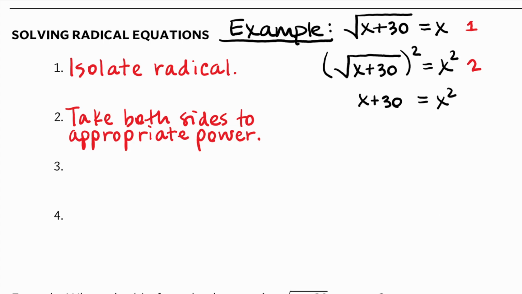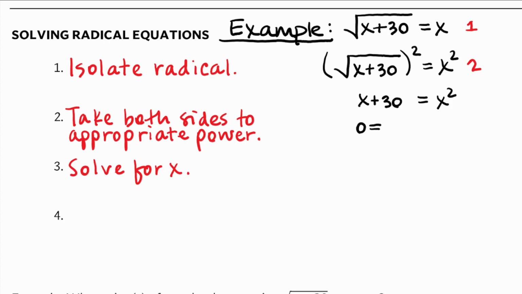The third step is going to be, solve for x kind of like we normally do. Now, in this case, we've got a quadratic equation, x plus 30 equals x squared, and I've got x squared and x. I've got two different powers of x, so I'm going to have to set this thing equal to 0 and hopefully factor. But if I can't factor, I know that I'll be able to solve this with the quadratic formula. Either way, I'll be able to solve this equation.